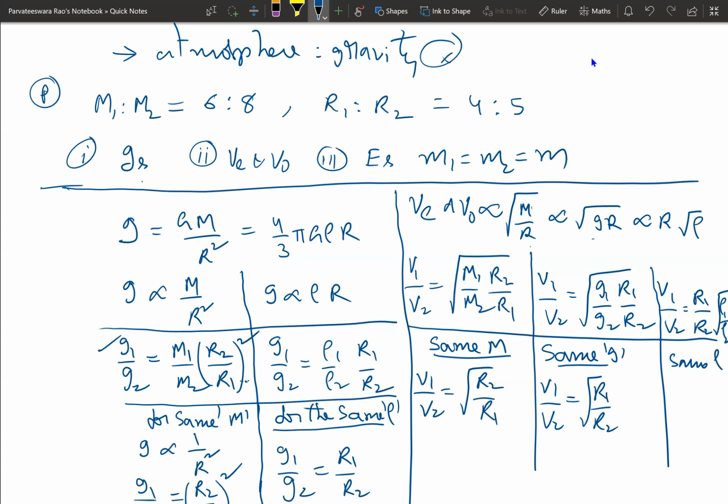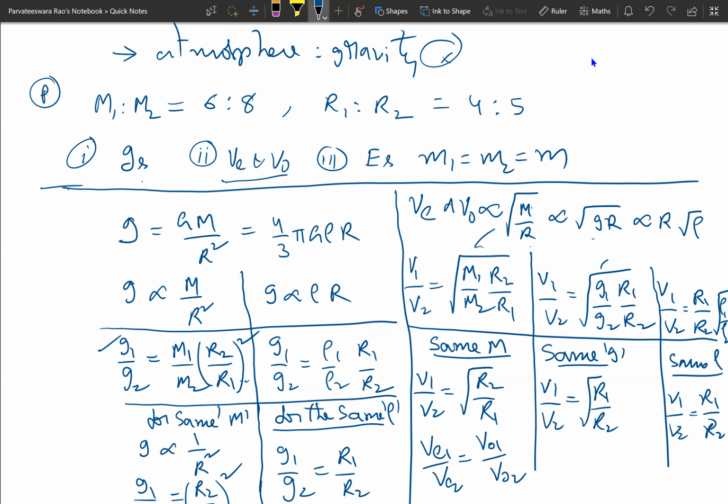Same density: V1 by V2 is R1 by R2. So you can use this formula for ratio of escape and orbital velocities, meaning VE1 by VE2 is equal to V01 by V02.